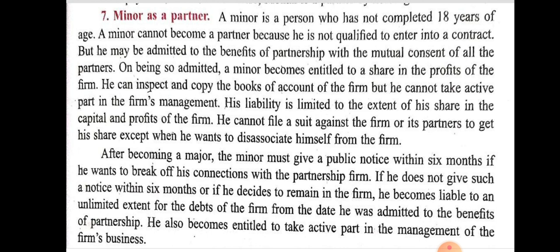After becoming major, the minor must give public notice within 6 months if he wants to break off his connection with the partnership firm. If he does not give such notice within 6 months, and decides to remain in the firm, he becomes liable to an unlimited extent for the debts of the firm from the date he was admitted to the benefits of the partnership. So when this minor crosses 18 years and becomes major, he or she has to give a public notice within 6 months.